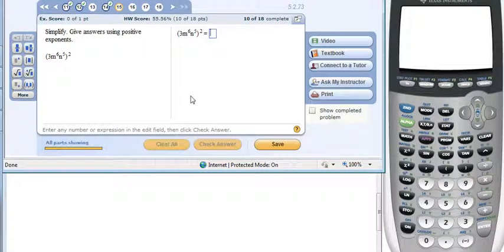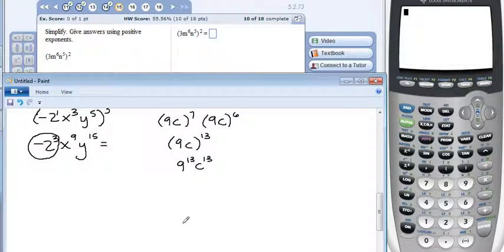All right. Let's try this one. We would have everything raised to the second power, 3 to the first, right? M6, N5 squared. So that's 2 times 1, so that's 2. M, 6 times 2 is 12. And 5 times 2 is 10. See, now if I put that in like this, I'm pretty sure it won't take it.